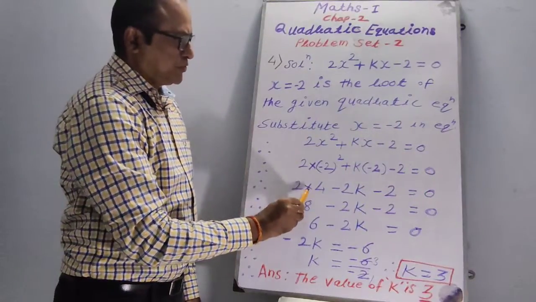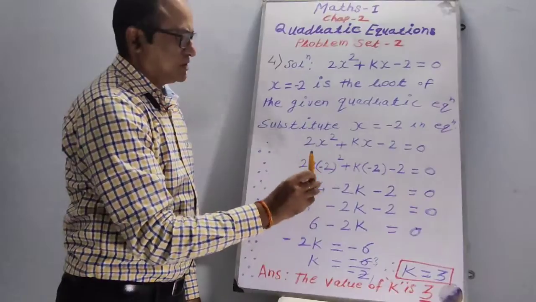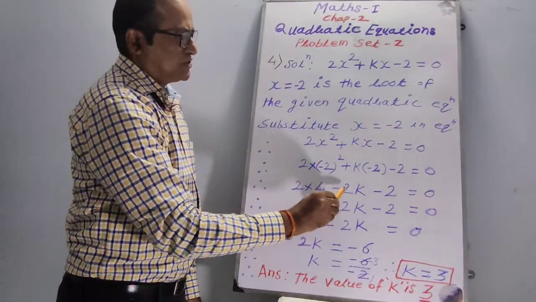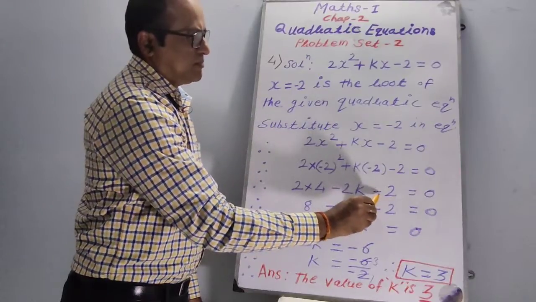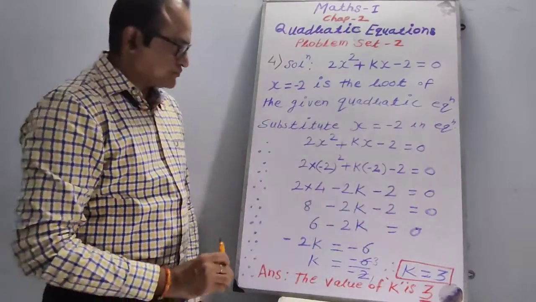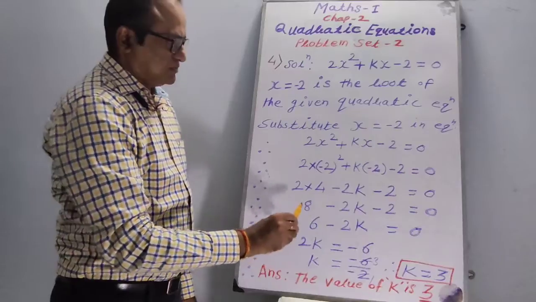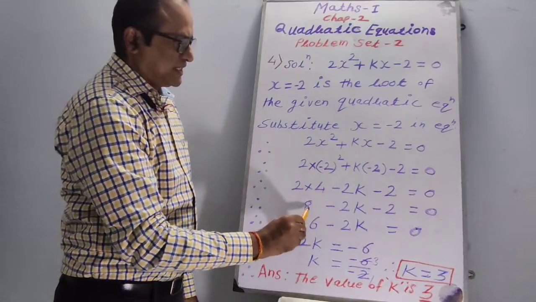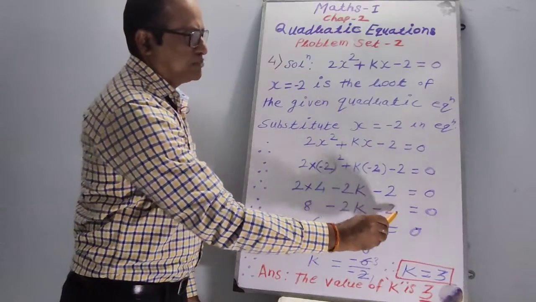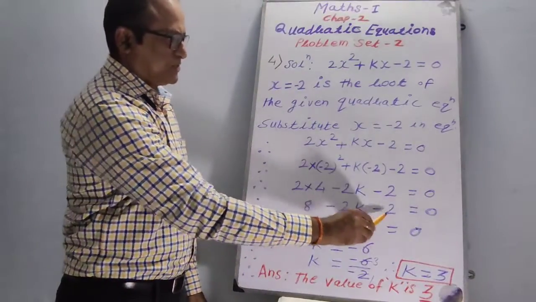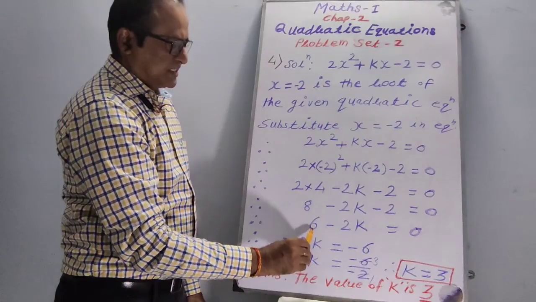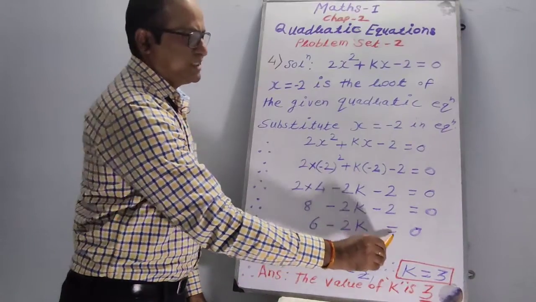Therefore, 2 into 2 square is 4, so 4 into 2 is 8, minus 2k minus 2 is equal to 0. Therefore, 8 minus 2 is 6. 6 minus 2k is equal to 0.